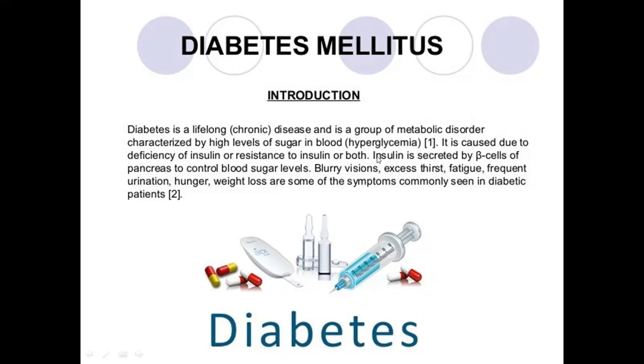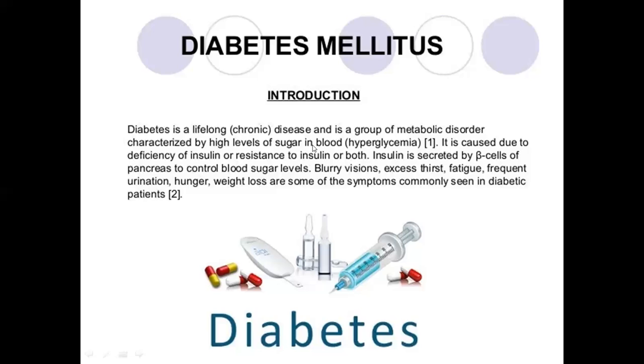If there is a low level of sugar in the blood, what is it termed as? Hypoglycemia. This insulin is secreted in the pancreas by the beta cells, and it acts as a hypoglycemic agent.